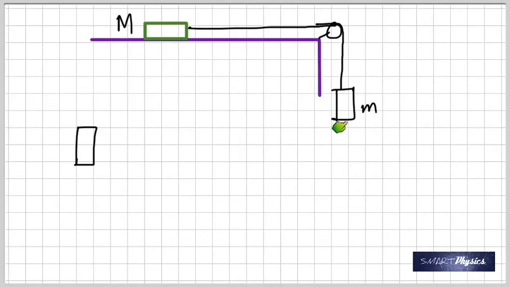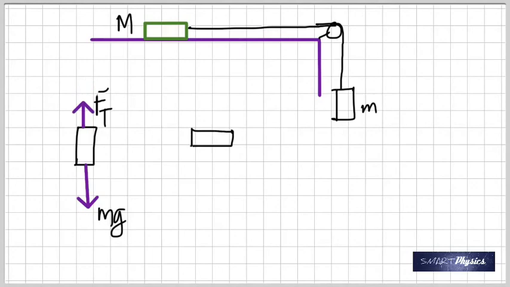There are only two forces acting on it. One is its weight down, mg, and the other is the tension in the string acting up. Tension has to be less than mg, because this is moving down, so the force acting down on it must be greater. So the net force is mg minus Ft.